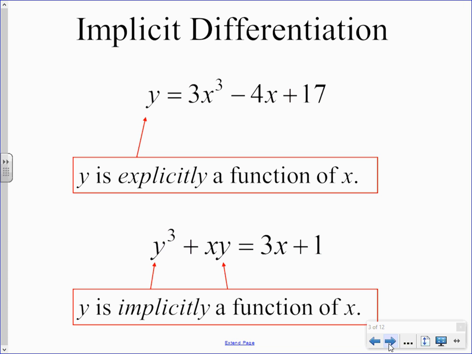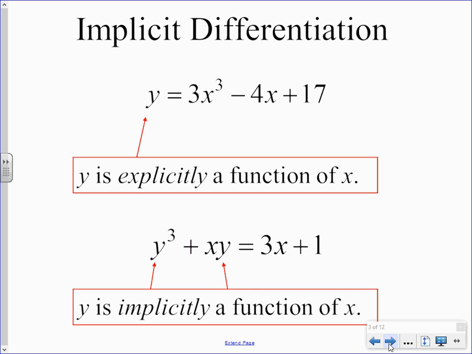It's not solved for x, it's not solved for y. Sometimes you can solve for y, sometimes you cannot. But you need to understand the difference between an explicit and an implicit function so we can recognize when we need to do implicit differentiation.